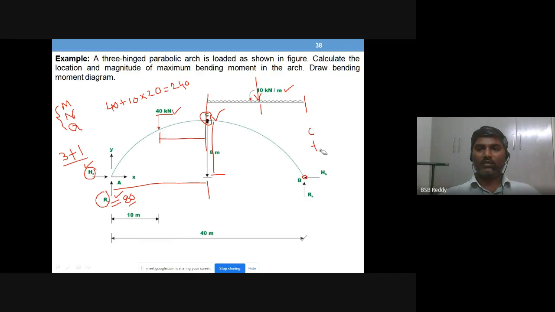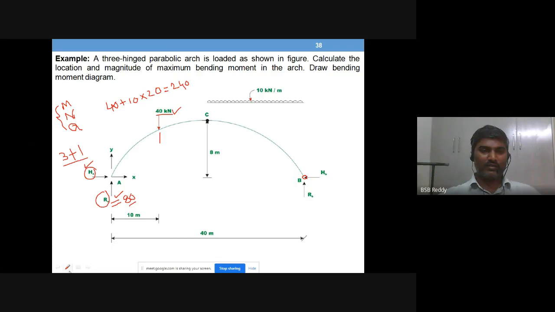Right, I think you understood why we have selected the portion BC for searching for maximum bending moment location.